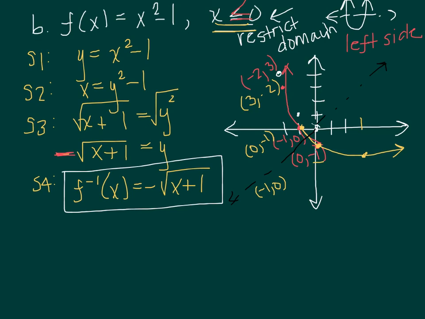All right, domain, f of x. My domain would be, since they restricted the domain, we can only use smaller than, because it said x is smaller than or equal to 0. So that'll be -infinity to 0, including.